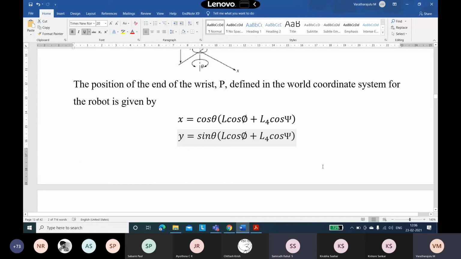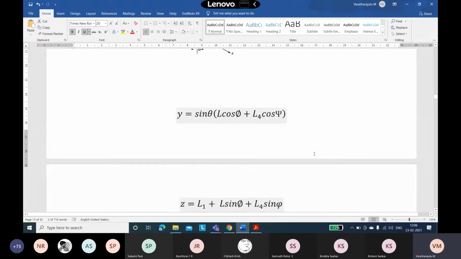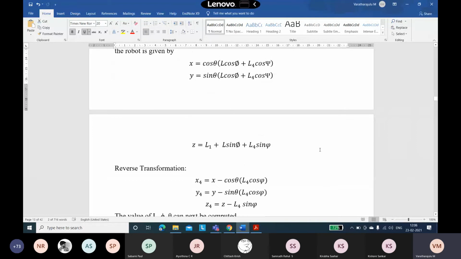Yes, make a note of these formulas, X and Y, and then we need to be conscious about L, phi, and theta. Make a note of Z. Z4 is equal to Z minus L4 sin psi. And in the reverse transformation, we have x4, y4, and z4.